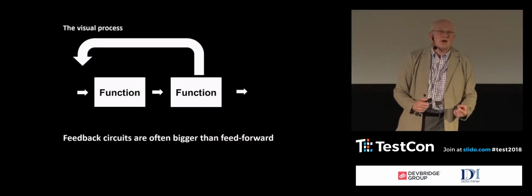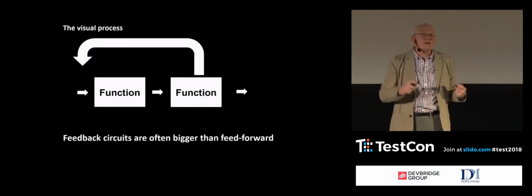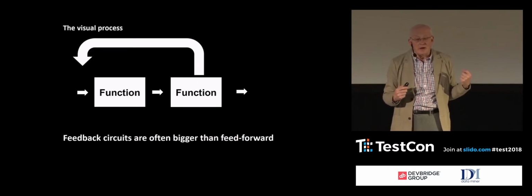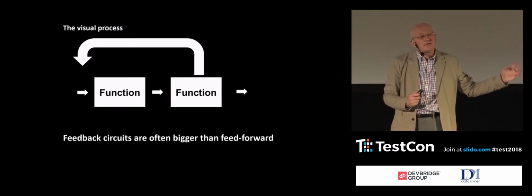What we've also got in our minds are these various different functional areas. We've got feedback, we've got feed forward, but we've also got feedback loops. And in some areas, the feedback circuits are larger than the feed forward. So the hypothesis is that in situations like this, we're making a guess.